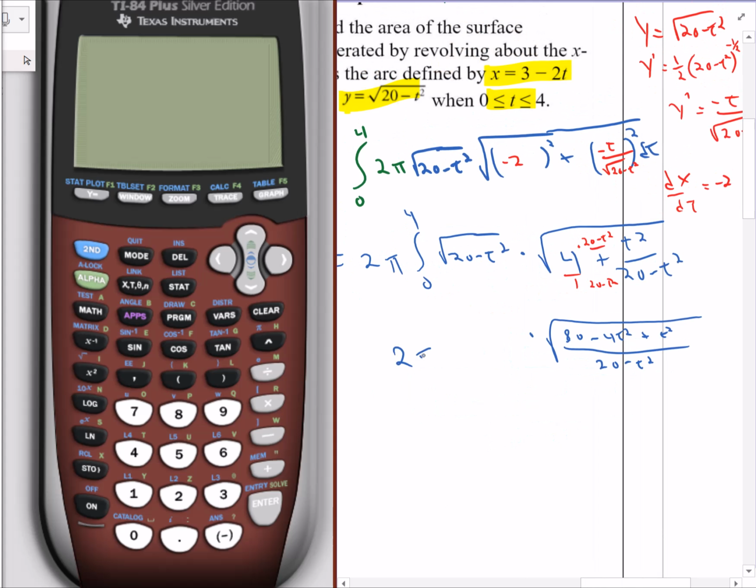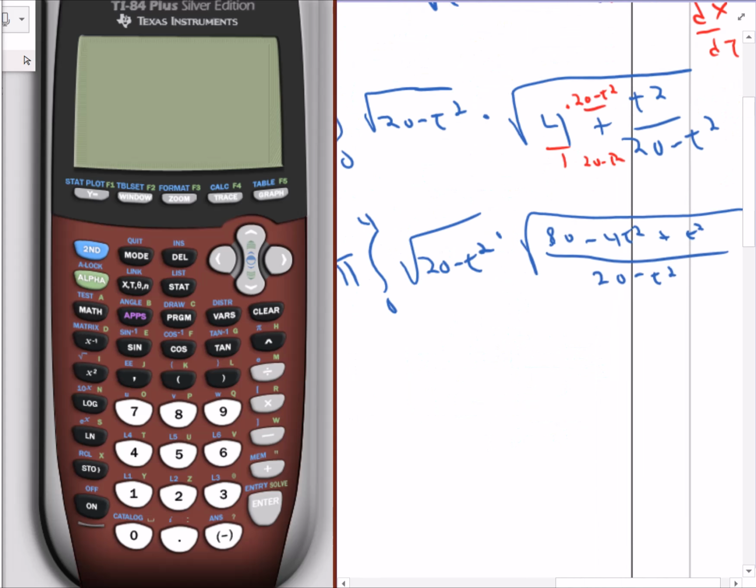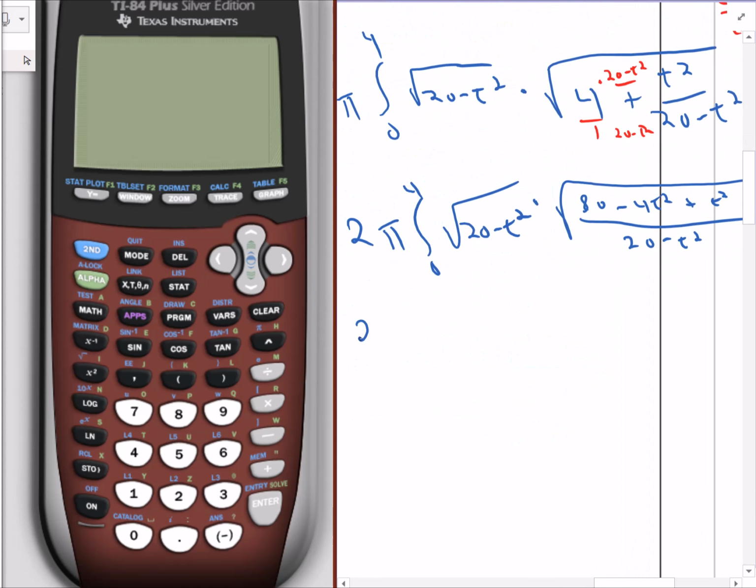There's still 2 pi, 0 to 4, square root of 20 minus t squared. And let's keep cleaning it up. If we do this, it's going to be 80 minus 3t squared, right? We're just combining the negative 4t squared with the t squared, all over 20 minus t squared.